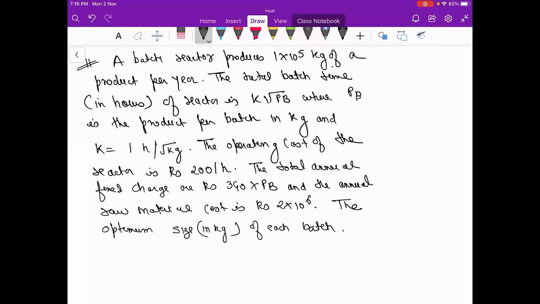952, I think, is the correct answer. I'm not sure. Yes, the numerator will decide how many years we are getting the interest. That is the thing.